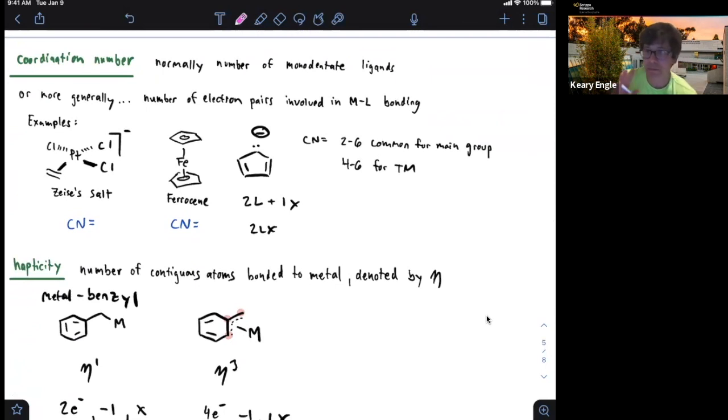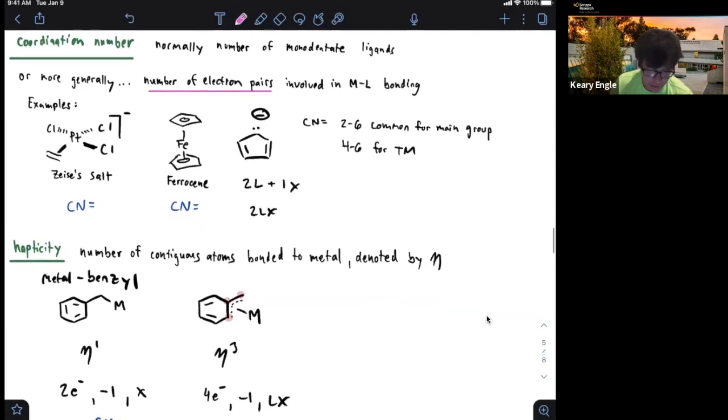But for ligands that engage in more complex bonding, we need a more precise definition. And that more precise definition would be the number of electron pairs involved in metal ligand bonding. And I think these examples will illustrate the difference there.